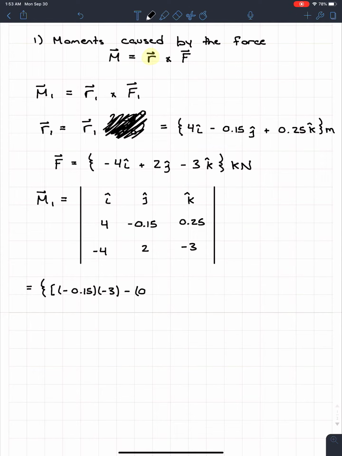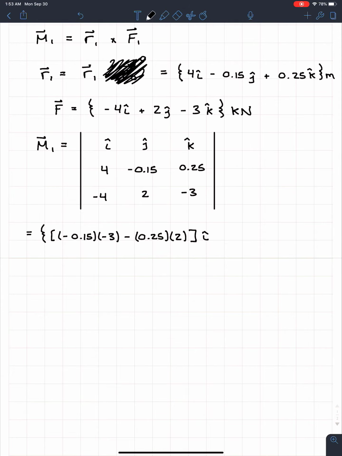So looking at the i component, I'm just filling out all the entries based on the method. So we know that's what's going to be in the i direction. And then we also know that there's going to be a j component. So in brackets, it's going to be 4 times -3, and then minus 0.25 multiplied by -4.